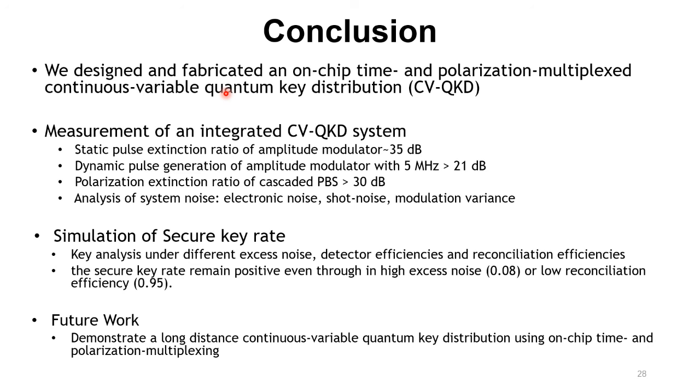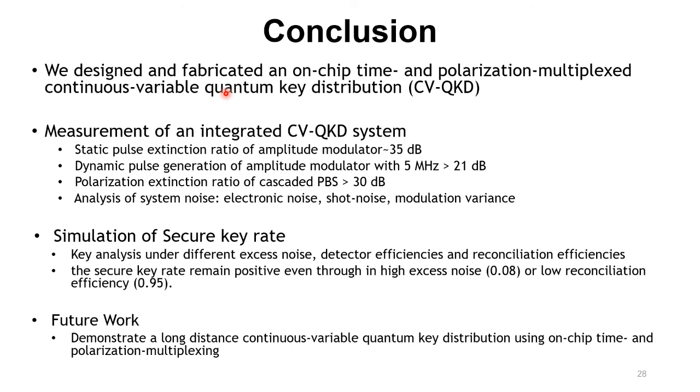Its static pulse extinction ratio is about 35 dB, and the dynamic pulse extinction ratio is about 21 dB at a repetition of 5 MHz. The polarization extinction of the on-chip polarization beam splitter is larger than 30 dB.